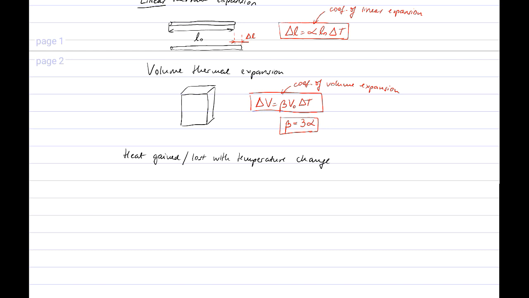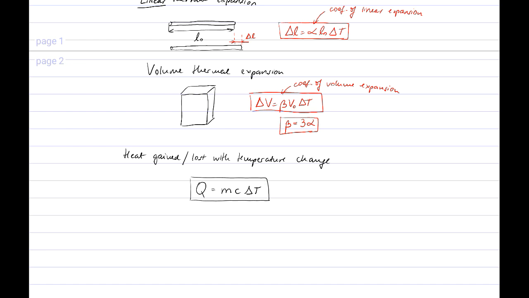And the symbol for heat is Q. So Q is m c delta T. So if the final temperature is higher than the initial temperature, then heat is gained. If the final temperature is lower than the initial temperature, then heat is lost. So in this equation, m is the mass of the object, c is the specific heat, and delta T is a change in temperature.